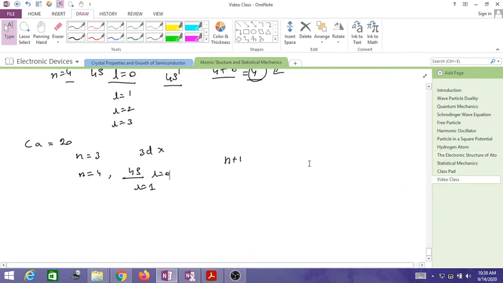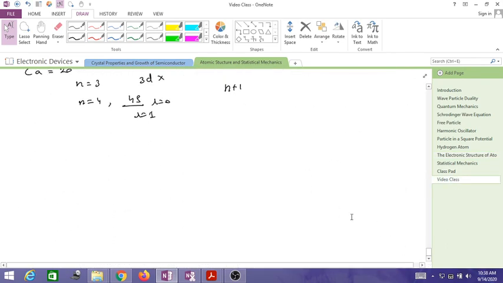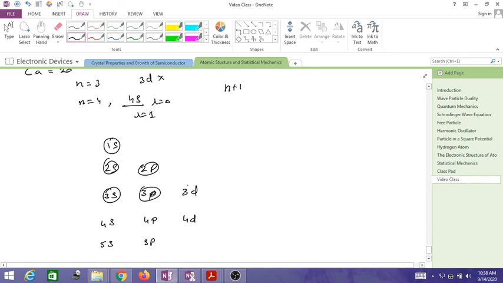Another formal way of writing this is to understand it like this. It is 1s, 2s, then 2p, then 3s, 3p, 3d, then 4s, 4p, 4d, then 5s, and 5p. If I put a circle like this for all, then how does it progress?